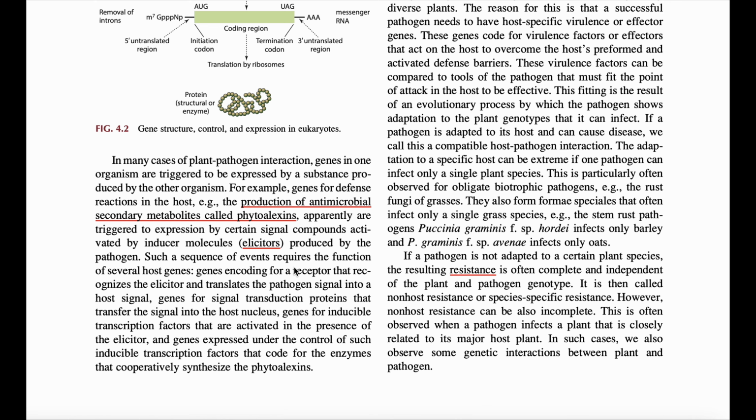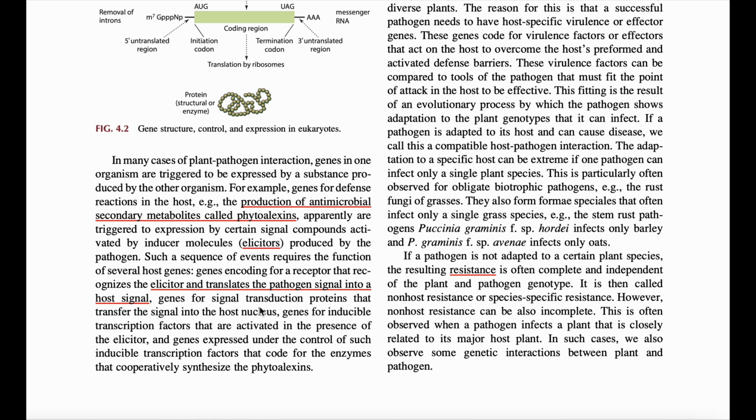If recognized, the plant will build its defense against the pathogen. If it cannot recognize the signal coming from the pathogen, then the disease will occur. There is no recognition, which means disease will occur. So there are a few genes which encode a receptor that recognizes these elicitors and translates the pathogen signal into the host signal.